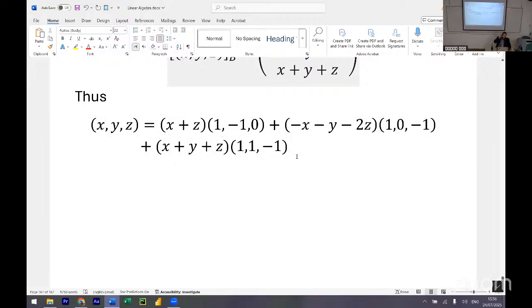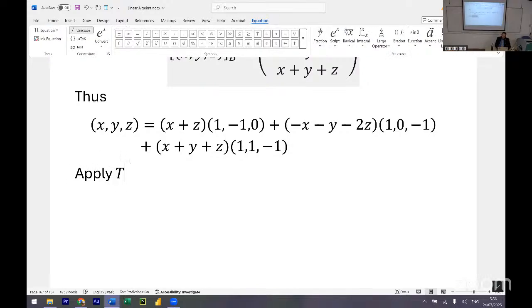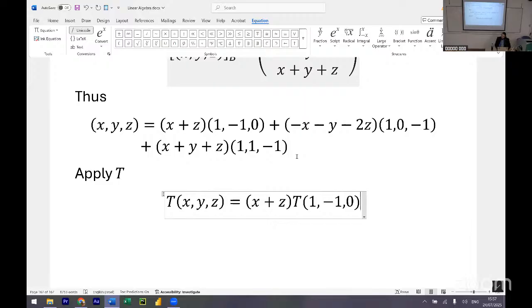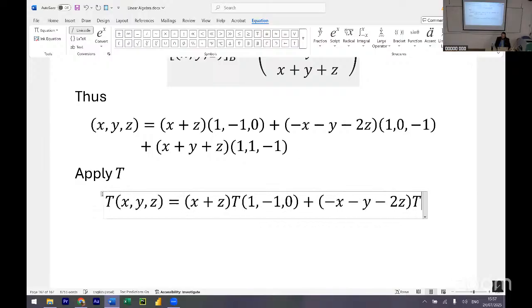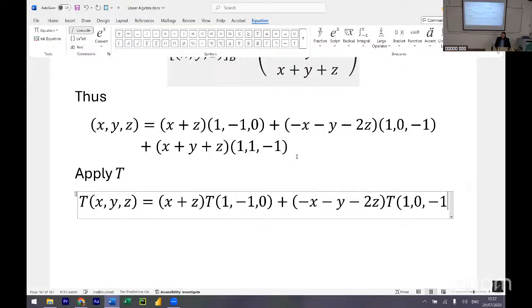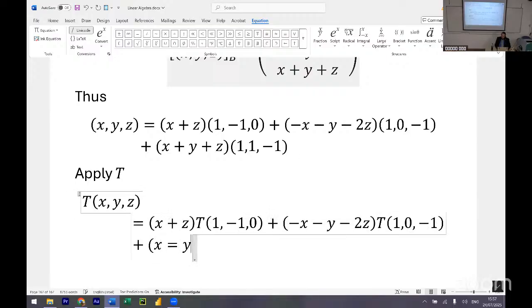But the point is now apply T, and you get that T of x, y, and z equals x plus z, T of 1, minus 1, 0, plus minus x minus y minus 2z, T of 1, 0, minus 1, plus x plus y plus z times T of 1, 1, minus 1.